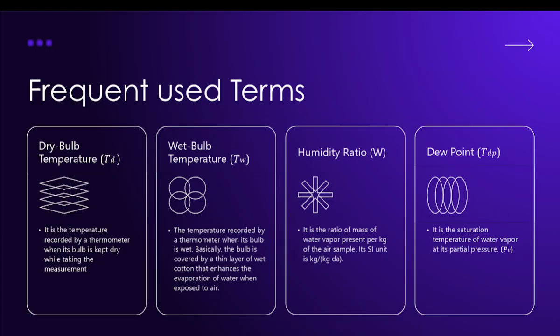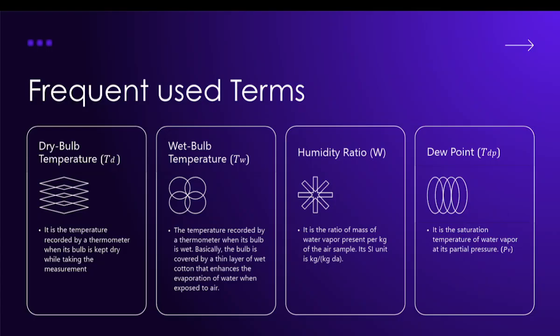Humidity ratio is the ratio of the mass of water vapor present per kilogram of the air sample. Its SI unit is kilogram per kilogram of dry air. And dew point temperature. Dew point temperature is the temperature at which the moisture present in the air starts to condense. Suppose we have a sample of air where we are decreasing the temperature of the air. At some point, there will be some dew or moisture on some solid surface.